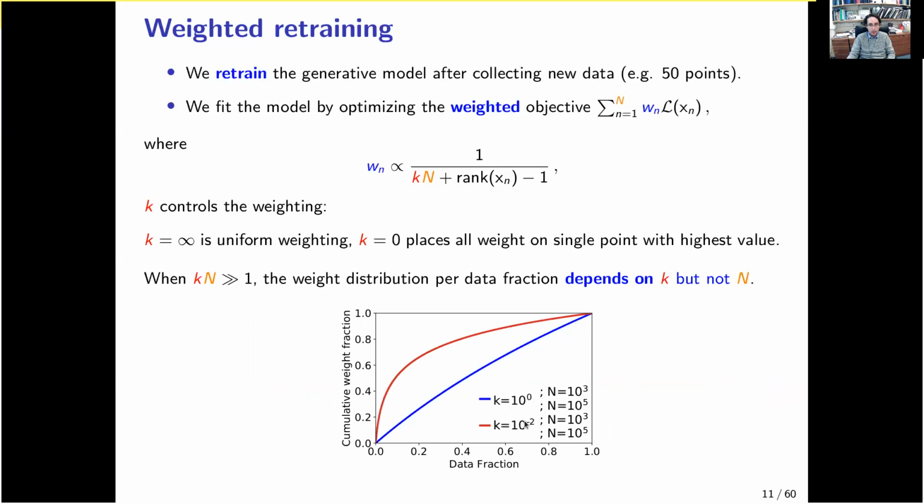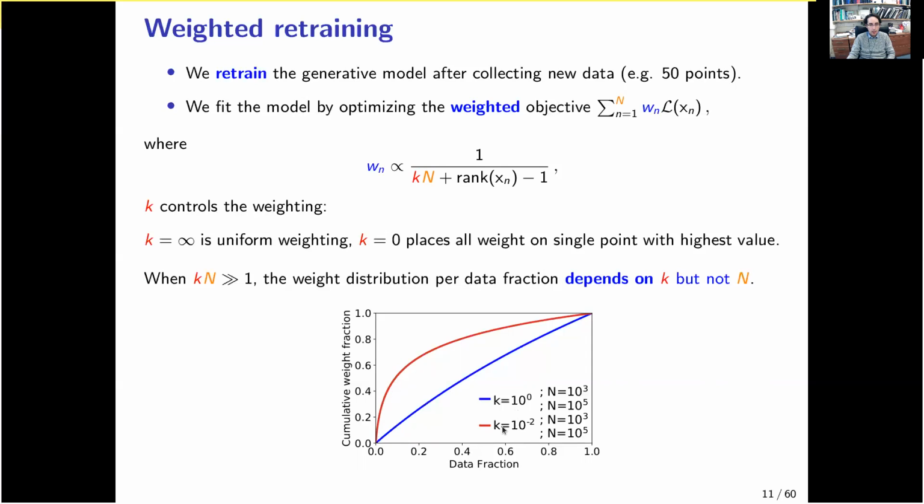And as k gets closer to 0, in this case k is 10 to the minus 2, the weighting is significant for those data points that have better objective values. So the data fraction here corresponds to the fraction of data as ordered according to the objective value. And we see that the data points that have better objective values, which appear at the beginning, will have higher weights when k is closer to 0.